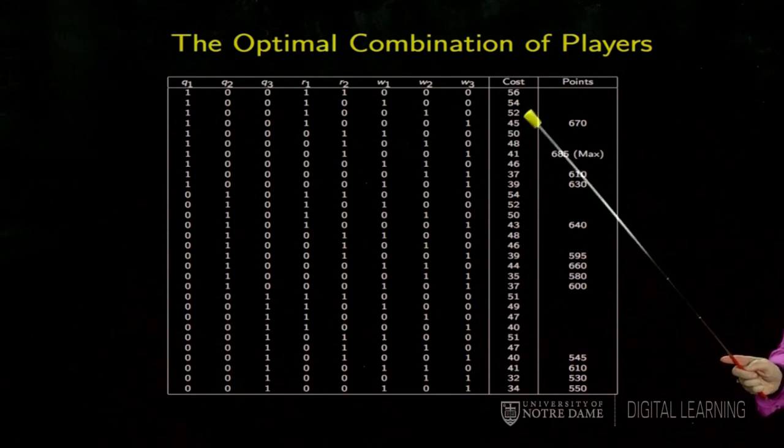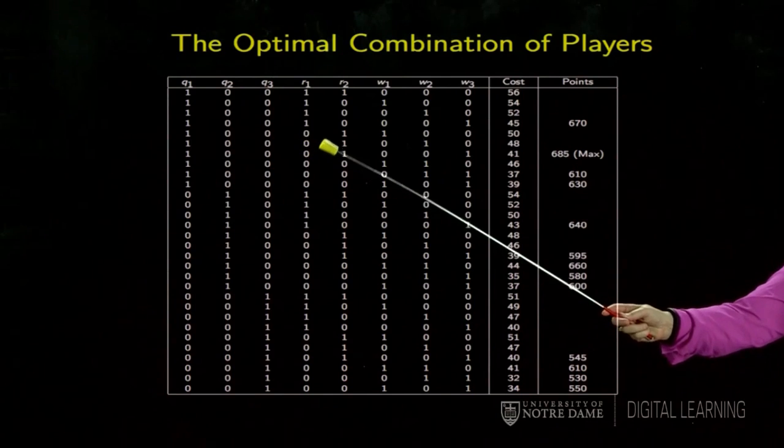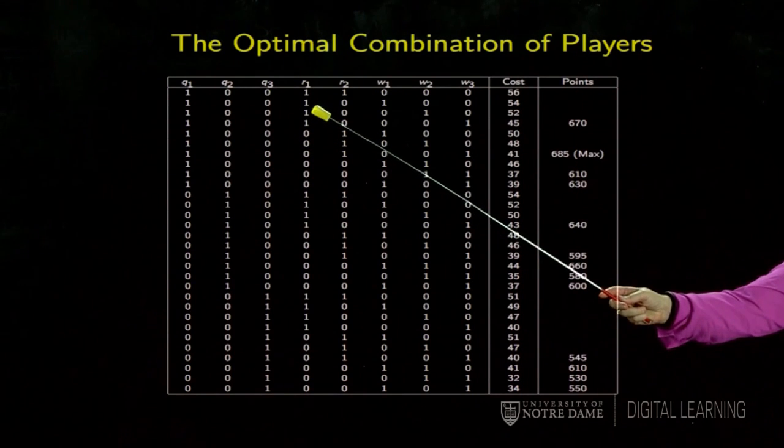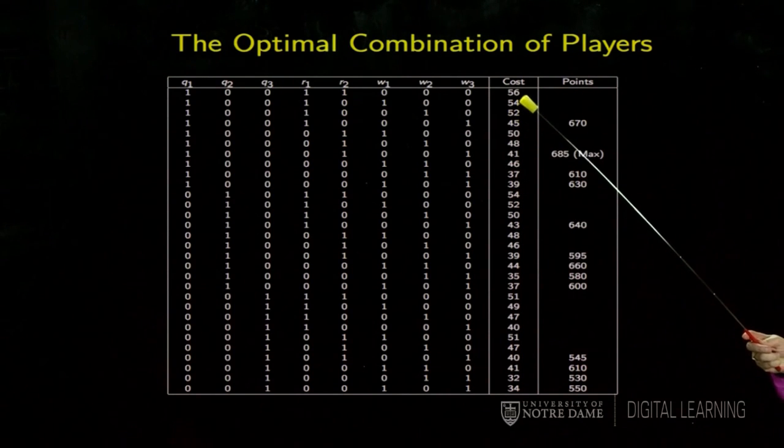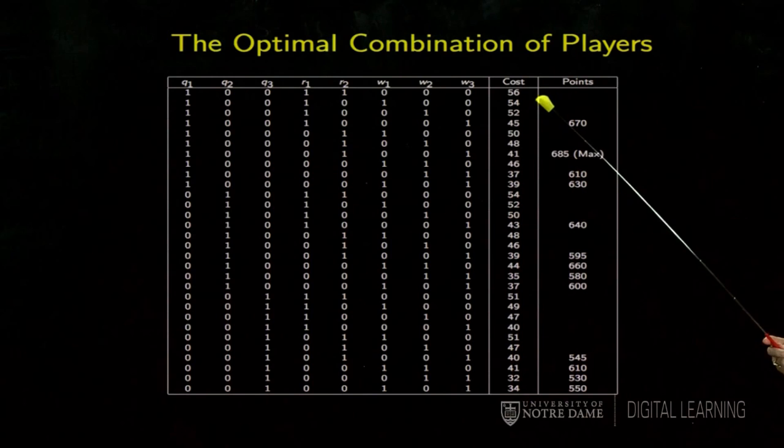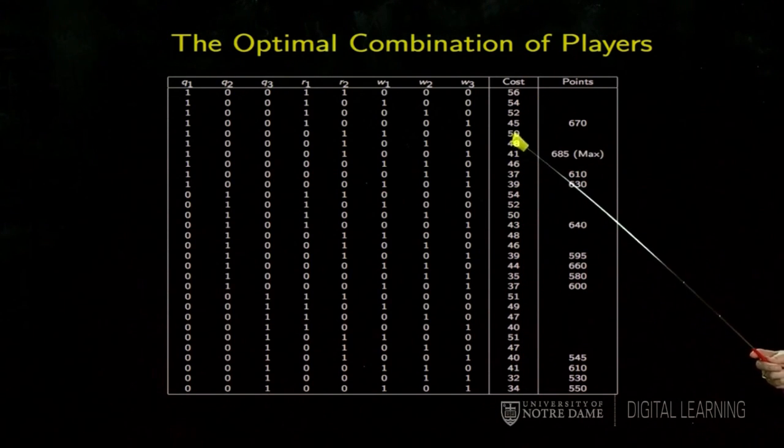And for the feasible combinations of players, we calculate the points we expect them to earn, and then we choose the actual combination with the maximum number of points.